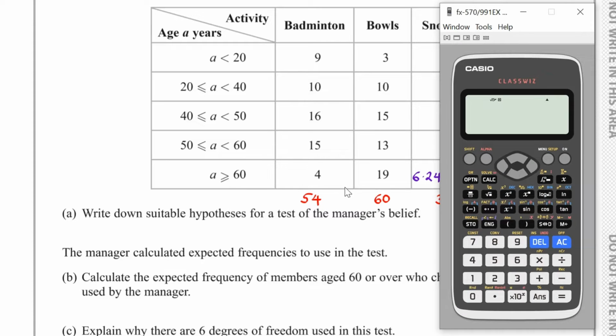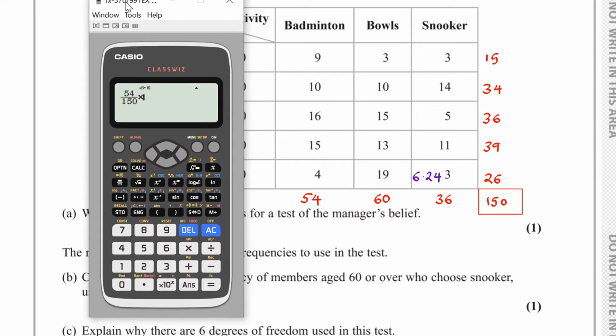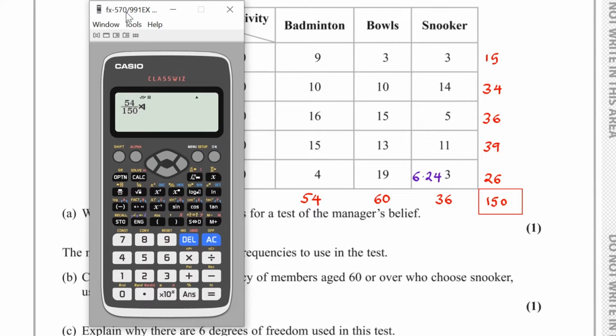So here we have 54 over 150 multiplied by, first of all, 15. You'd find that to be 5.4. Next we multiply by 34, we end up with 12.24.